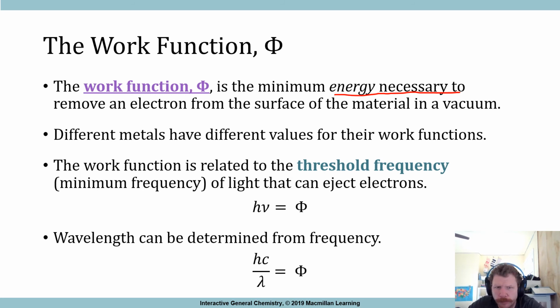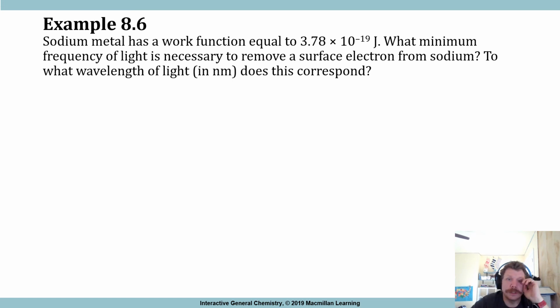So we have this equation: h nu is equal to phi. Wavelength can be determined from that frequency, where hc divided by wavelength is equal to phi. Now, sodium metal has a work function equal to 3.78 times 10 to the negative 19th joules.